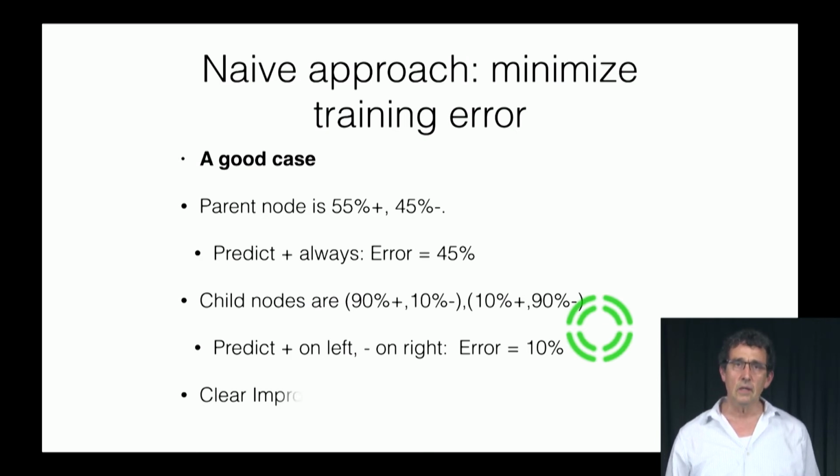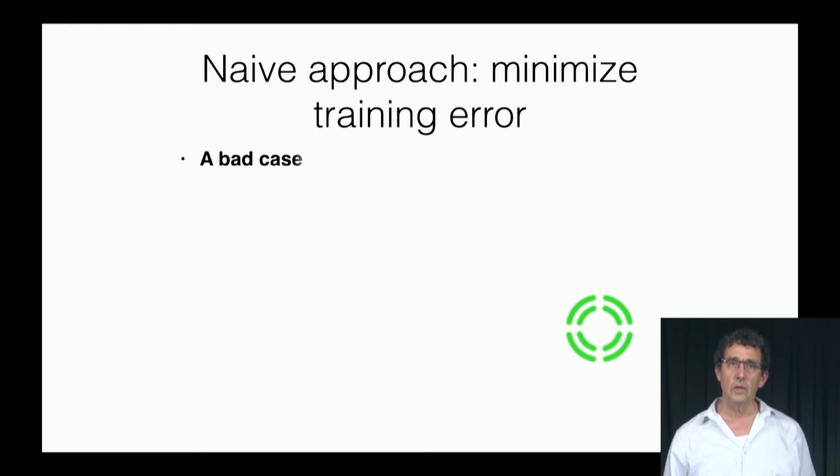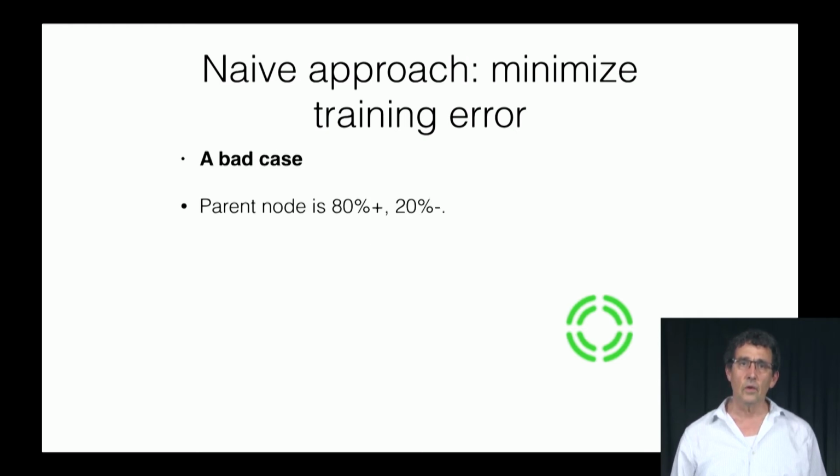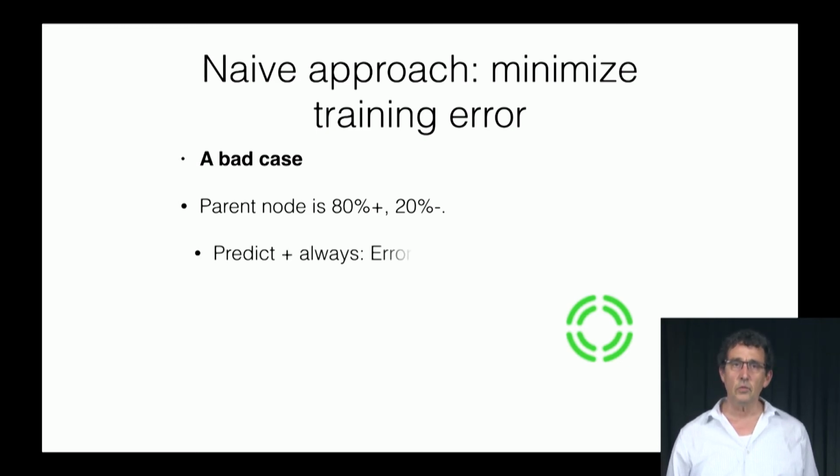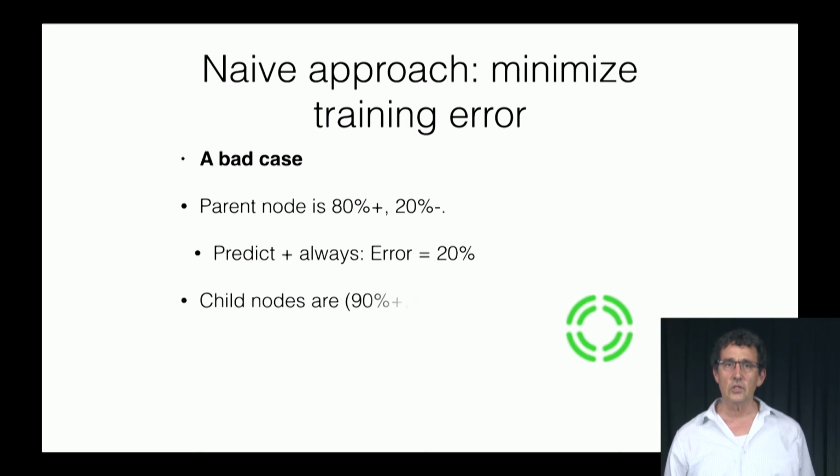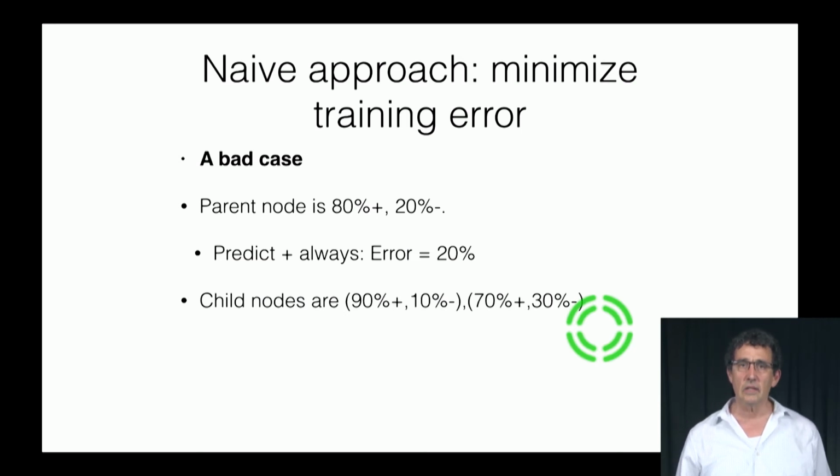But here is a case that is not so good. Suppose the parent node is 80% plus and 20% minus. That would mean that we're always going to predict plus, and the error is 20%. Now suppose that the children are 90% plus 10 minus, or 70% plus 30 minus.